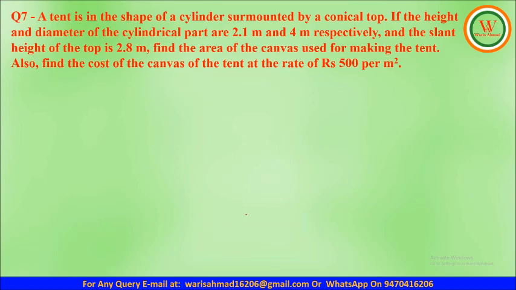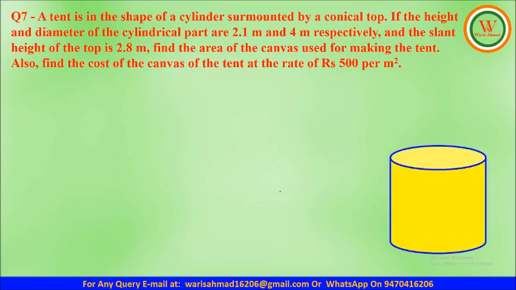According to the question, we are having a tent in the shape of a cylinder surmounted by a conical top. So let us consider the cylindrical part of the tent which is surmounted by a conical top. According to the question, height and diameter of the cylindrical part are 2.1 meter and 4 meter. So here we can write height of this cylindrical part is 2.1 meter.